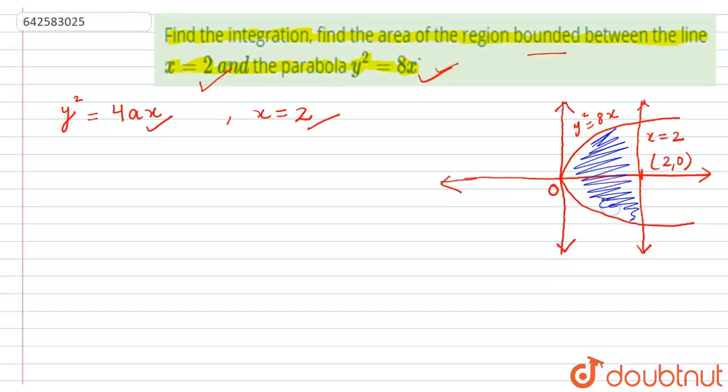Okay students, now we know the area for which we need to find the integration, so we can easily find the area. One thing we can observe is that this graph is symmetrical about the x-axis, because when you fold this graph around the x-axis, it is just the same.